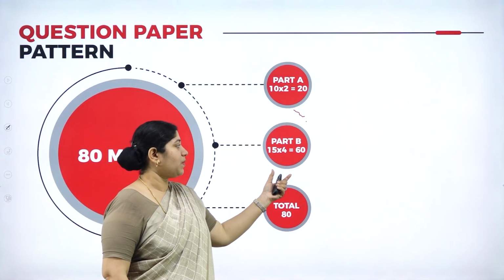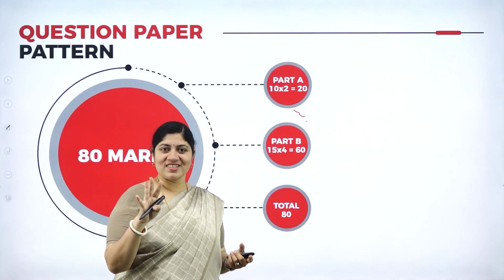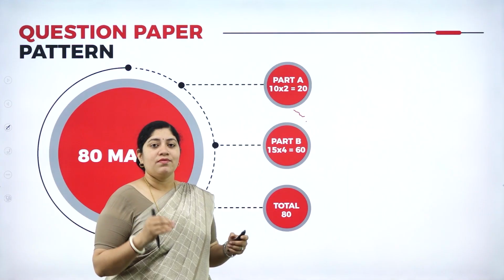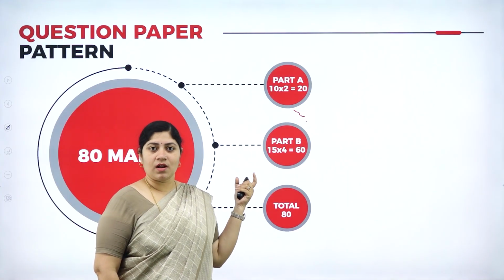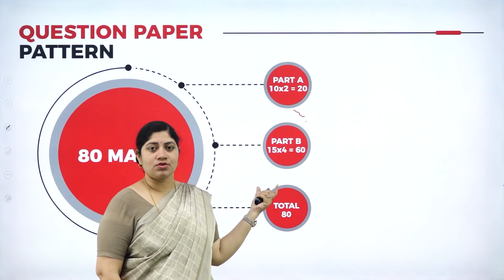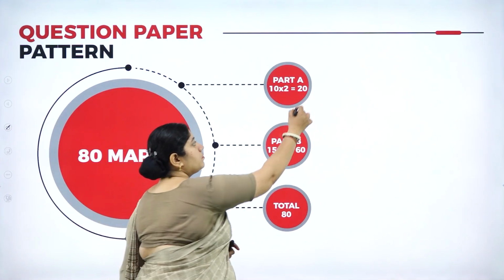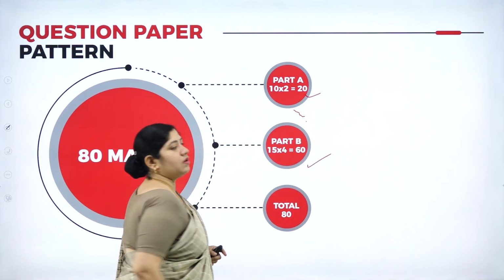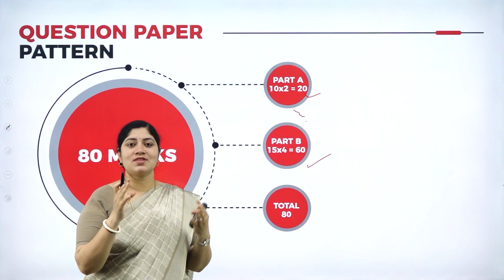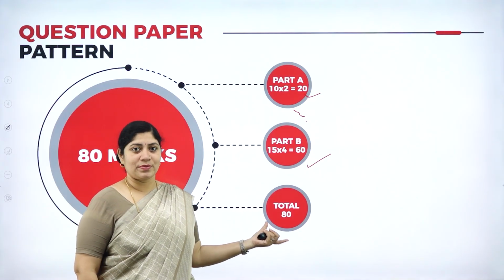Next, with respect to part B, we will have a total of only 4 questions, wherein you'll have options for those 4 questions. Further, how are the marks allocated? Yes, each question carries 15 marks, so 15 fours are 60. Therefore, 20 plus 60 will give us a total of 80 marks. So this is your written examination marks and the question paper pattern.